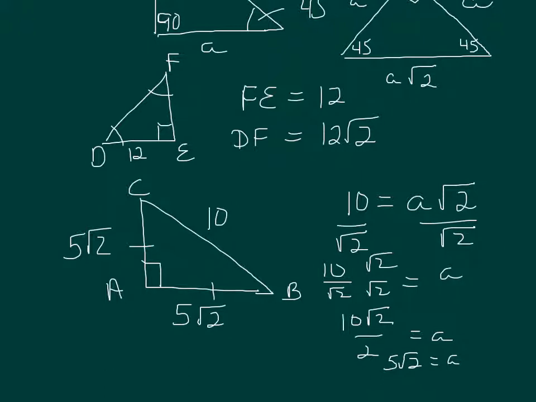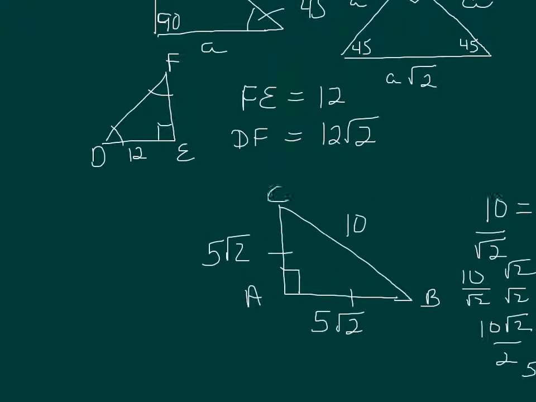All right. We had a special case for the 30, 60, 90 when we had an equilateral triangle and we drew an altitude. We also have a special case for an isosceles right triangle when we have a square. What do we know about a square? What about the sides of a square? They are equal.